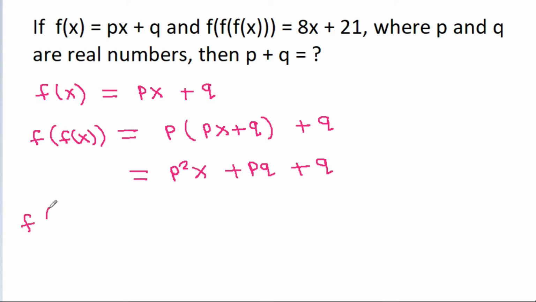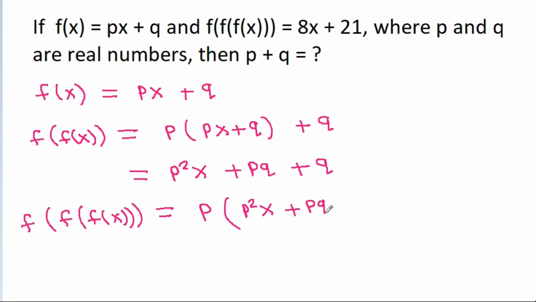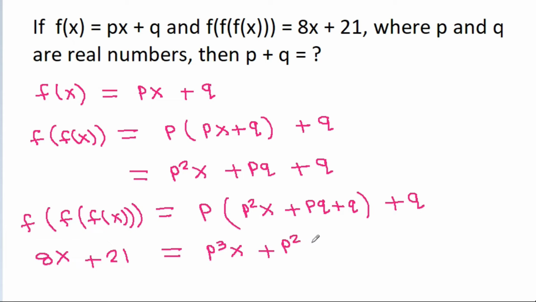And f(f(x)) will be equal to p times (p squared x plus pq plus q) plus q, and this is equal to 8x plus 21, which is equal to p cubed x plus p squared q plus pq plus q.